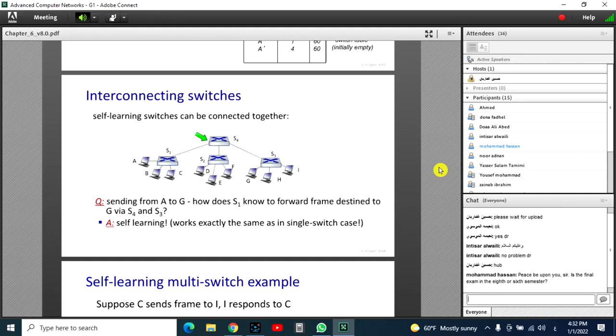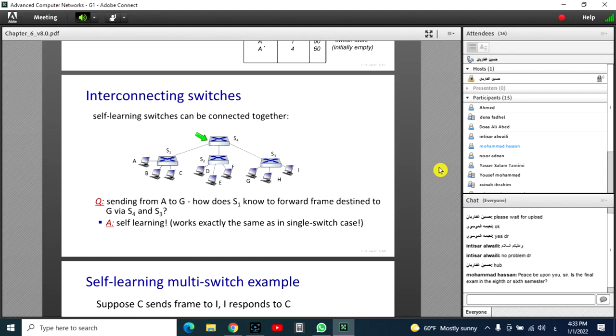Several small switches in different parts of the building, in different floors, and after that, at a higher level, I have a stronger switch to connect those smaller switches together, and maybe I can aggregate the traffic received from all of those stronger switches into a bigger switch, and then I can connect it to the backbone network of the university.